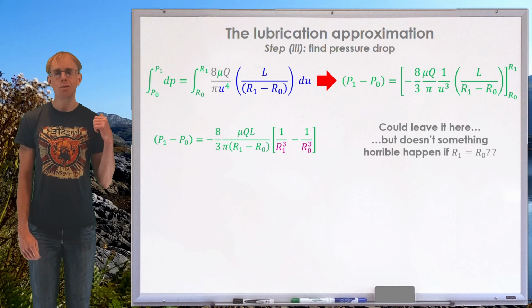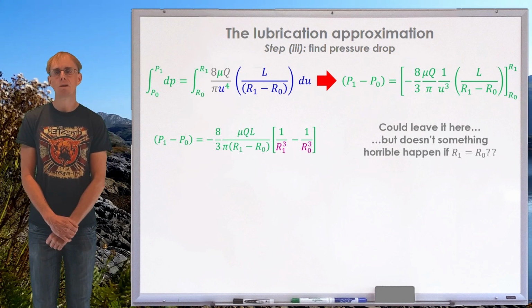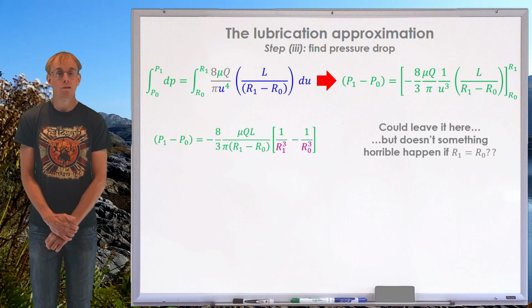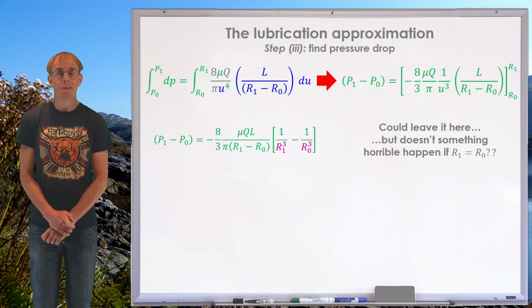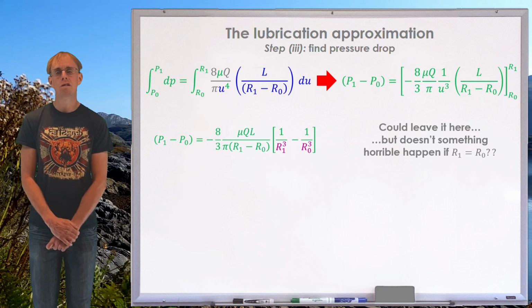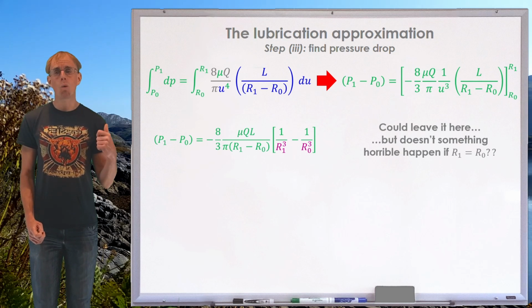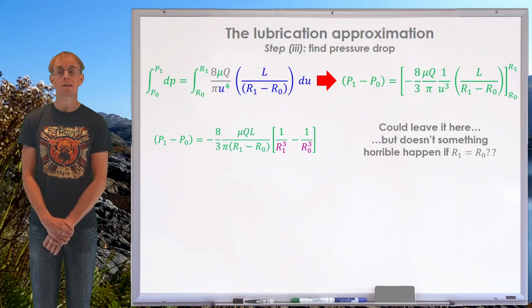However, if we do that here, if you look very closely, in the denominator we've got an R1 minus R0 term. So if we set R1 equal to R0, that becomes 0, and we get a division by 0 problem. So that expression is either wrong, or there's a trick we can play to eliminate this problem.